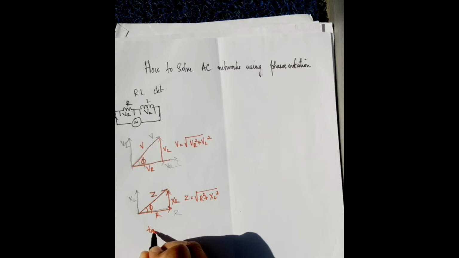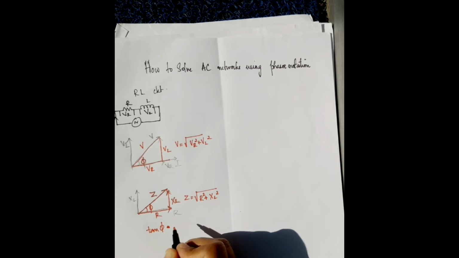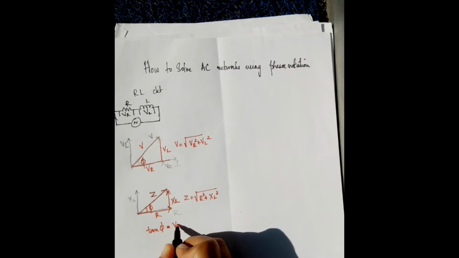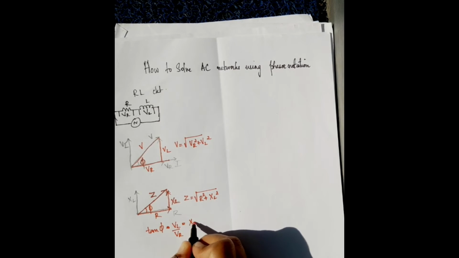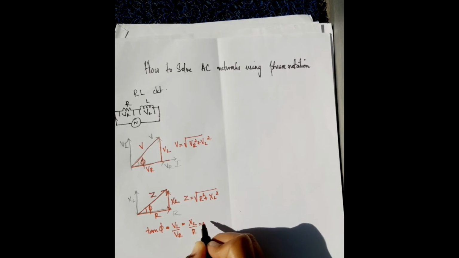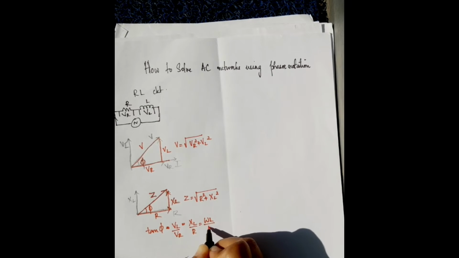We can also find the phase angle by finding tan phi, which is XL by R, and taking the tan inverse.